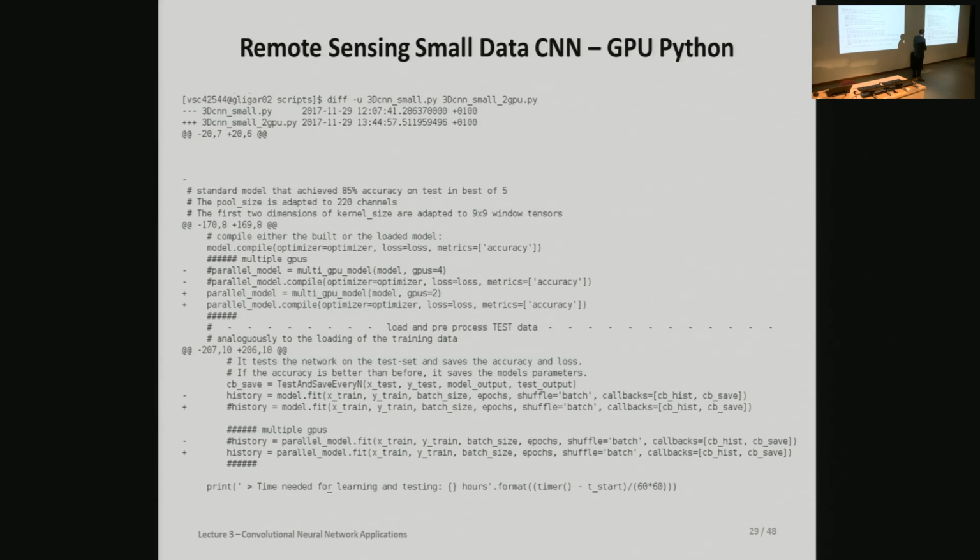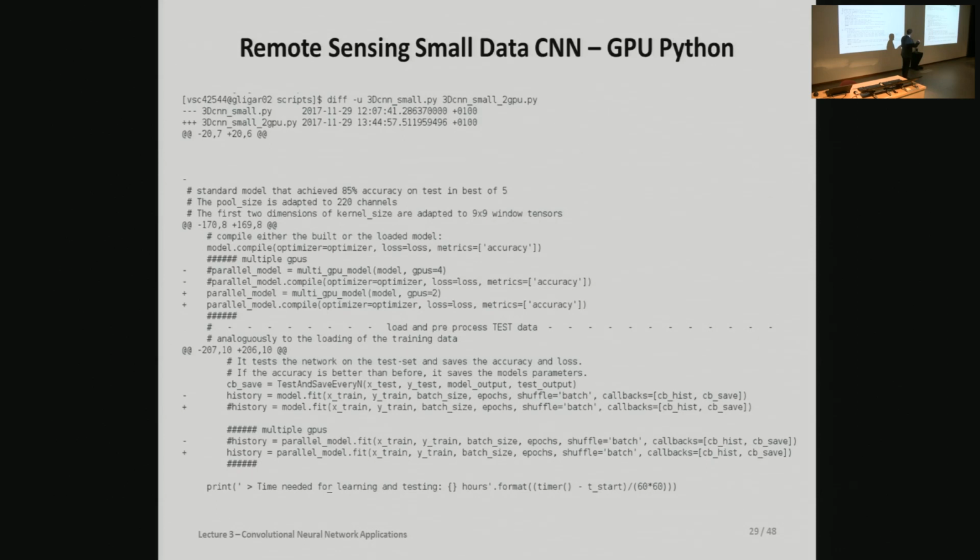You have to specify in this Python script that you're now going to 2 GPUs. So you see, it's not completely transparent what infrastructure you use below. Still, you have to tell Keras what you're doing in terms of parallelization. That's an interesting aspect.